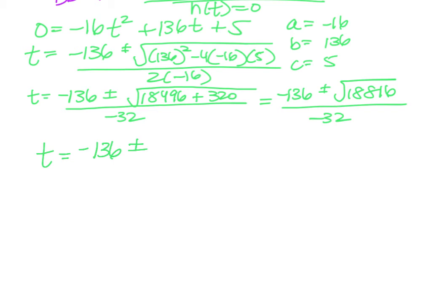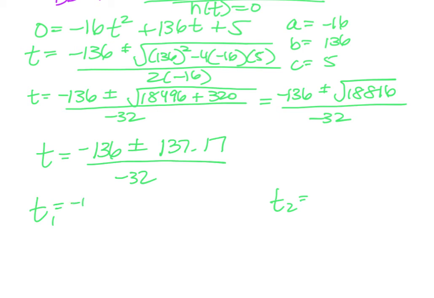We are going to want to figure out what this actual time is in terms of a decimal. This makes sense to put as a decimal, so we're just going to go onto our calculator and round that. Let's round it to the nearest hundredth, which comes out to be 137.17, all over -32. So I have two, I'll call them T1 and T2.